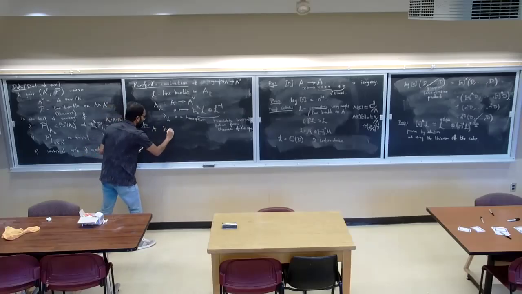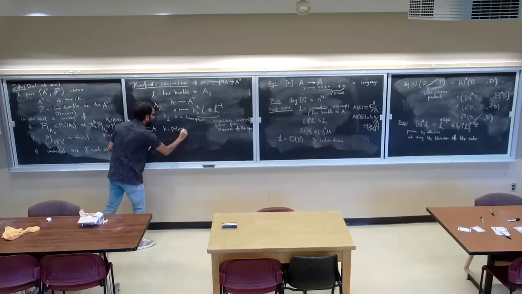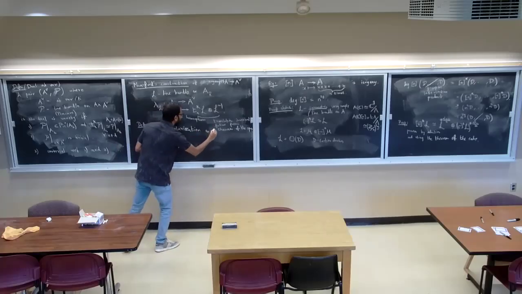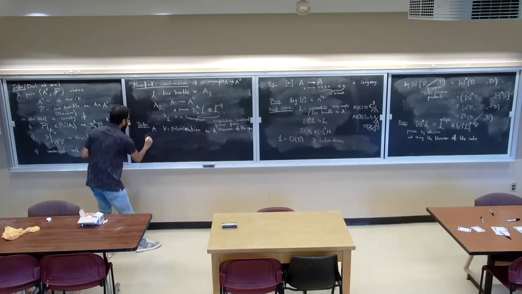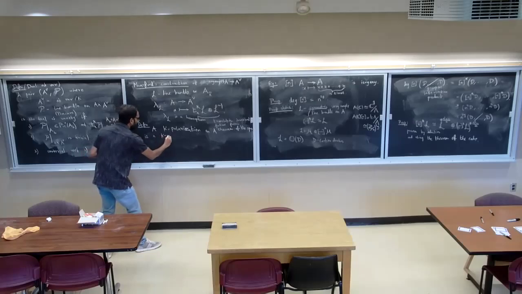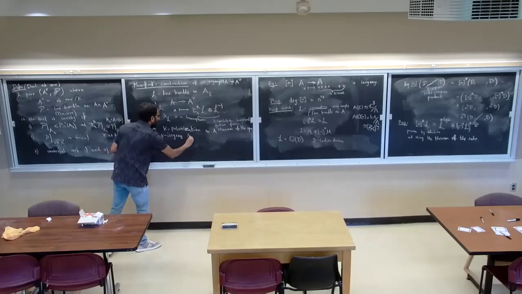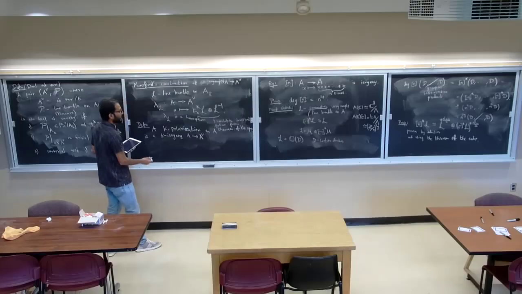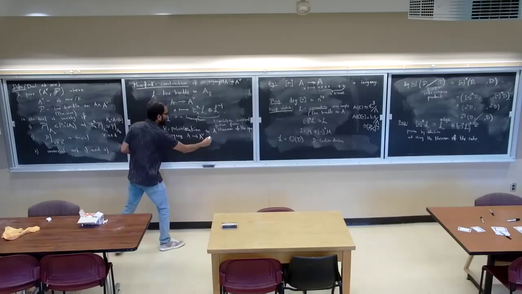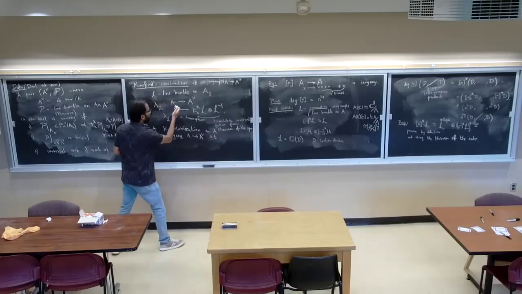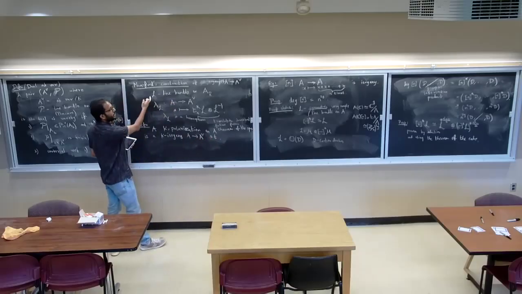A K polarization on A is a K isogeny from A to A dual such that if you base change this isogeny to K bar, it should come from a line bundle on A K bar.